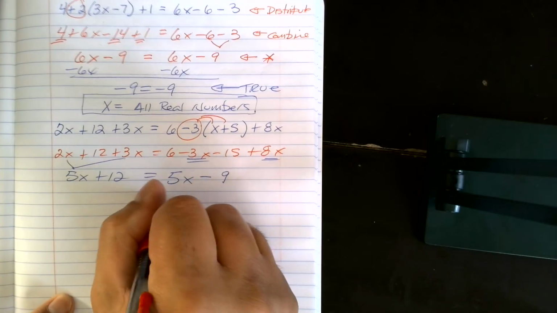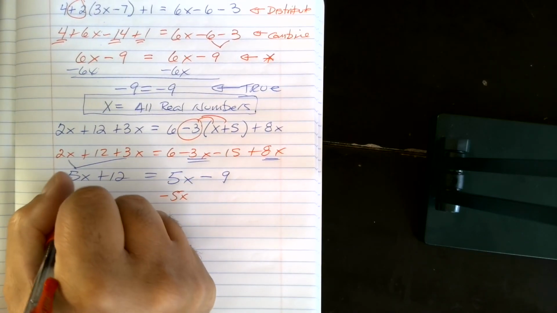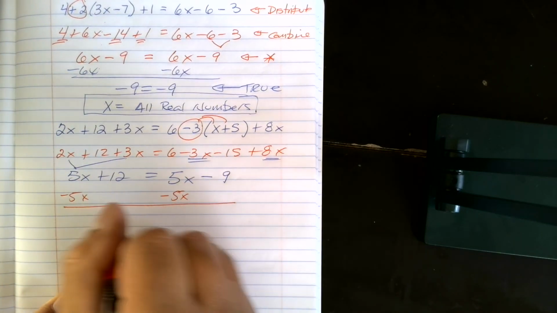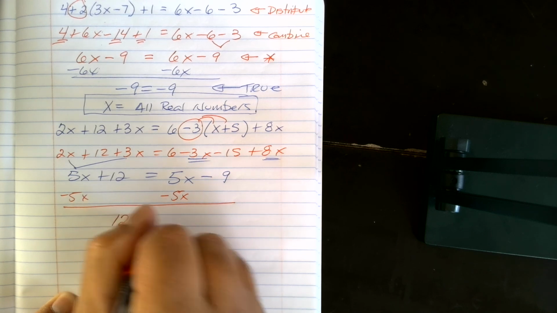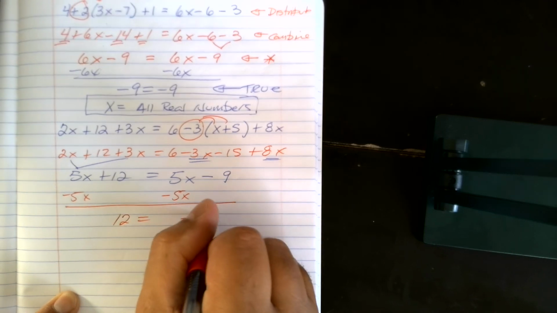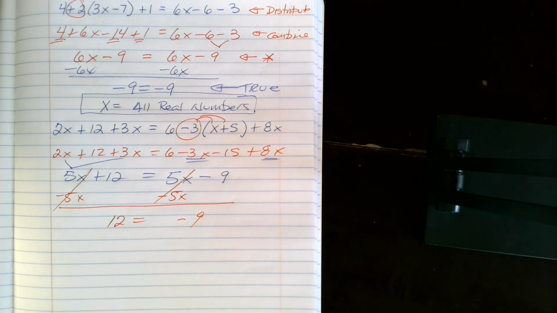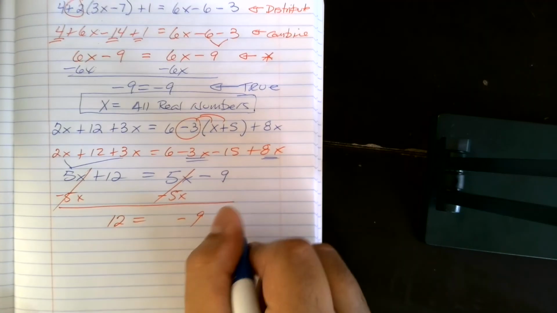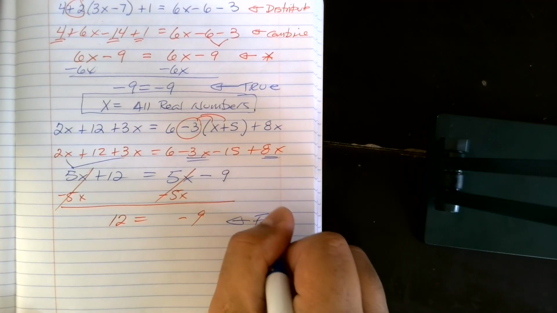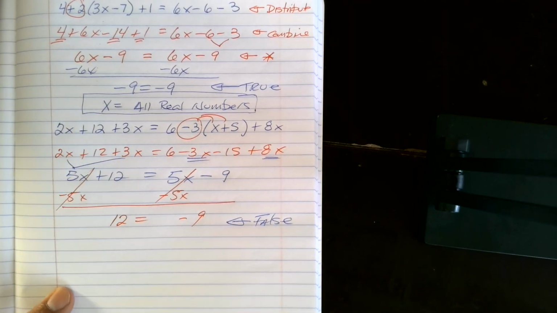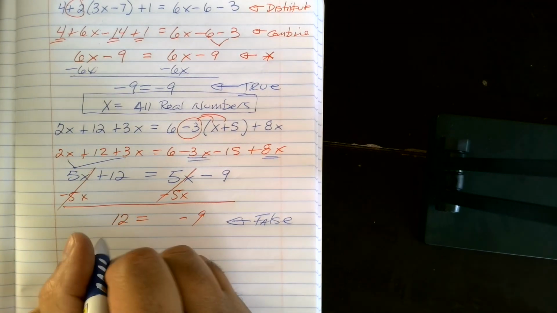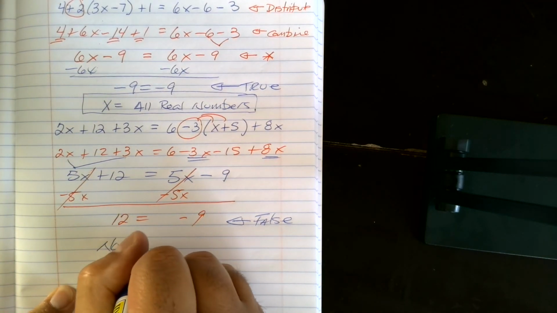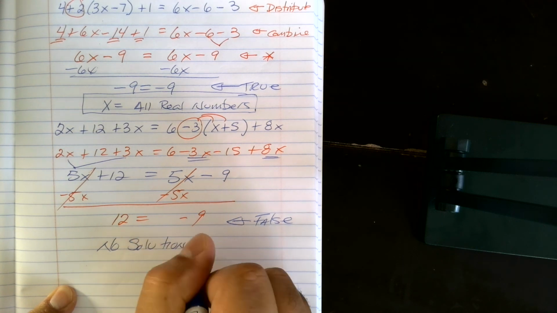I want to subtract 5x from both sides of the equation. I'm left with 12 is equal to negative 9. This is a false statement. I no longer have an x variable, so there is no solution to this equation.